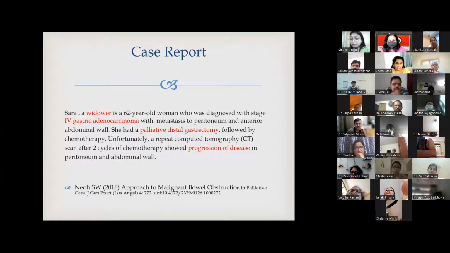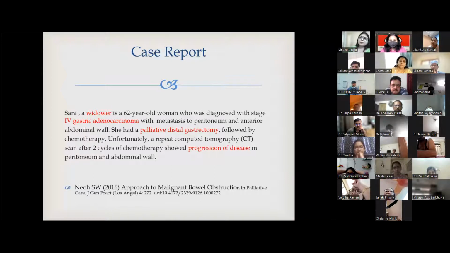And she underwent surgery. She had a palliative distal gastrectomy done and also chemotherapy. But unfortunately, after the second cycle of her chemotherapy, a CT scan showed that she was having progression of disease into the peritoneum and abdominal wall.